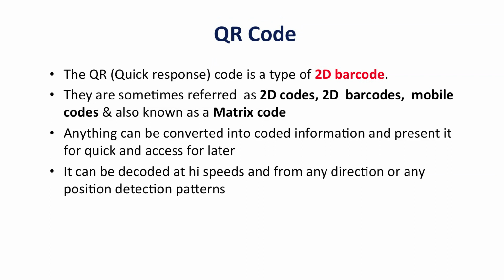QR codes are sometimes referred to as 2D codes, 2D barcodes, mobile codes and also matrix codes. These codes convert information into coded form and present it for quick access later. It can be decoded at high speed and from any direction, using position detection patterns.